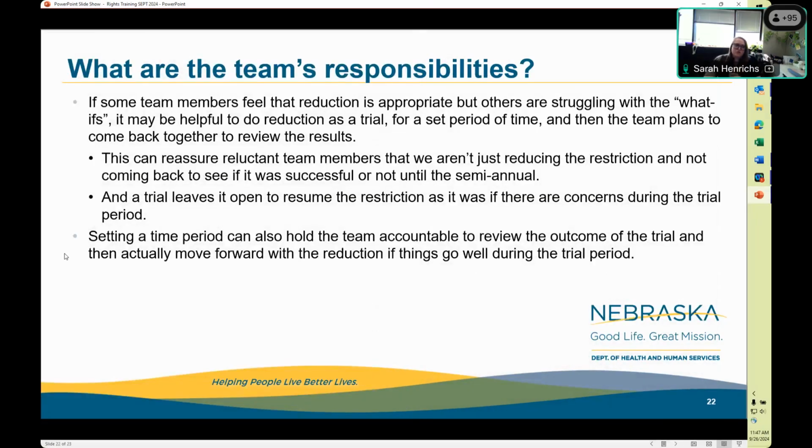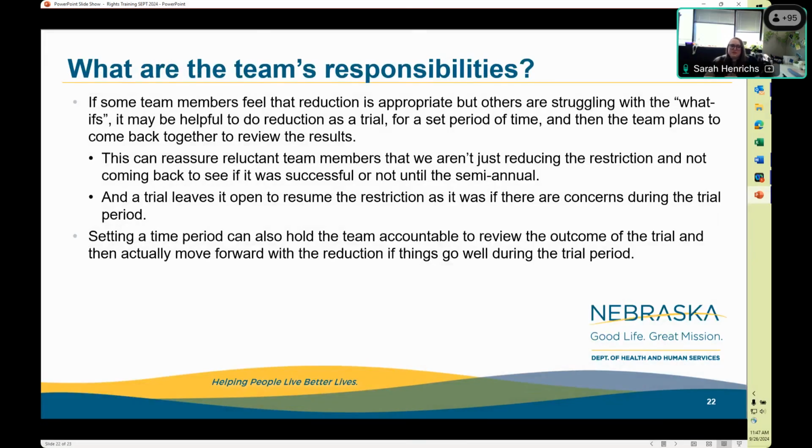And what are the team's responsibilities? If some team members feel reduction is appropriate, and this goes to the question earlier, because it isn't always a guardian, right? Sometimes it might be folks who work for the providers, sometimes it might be others.